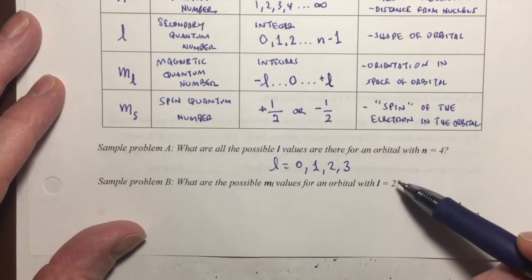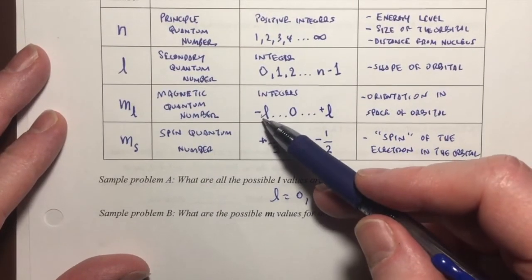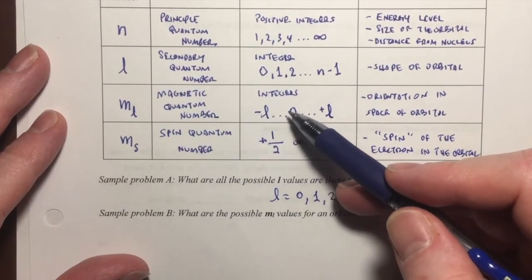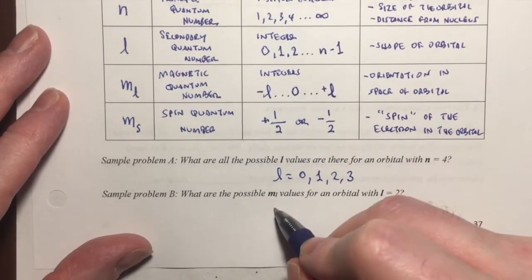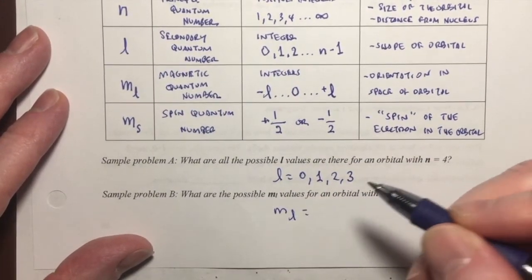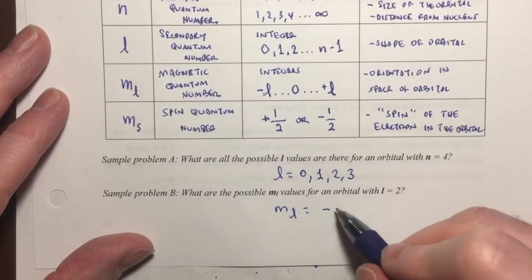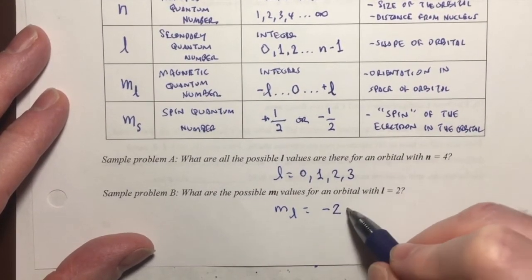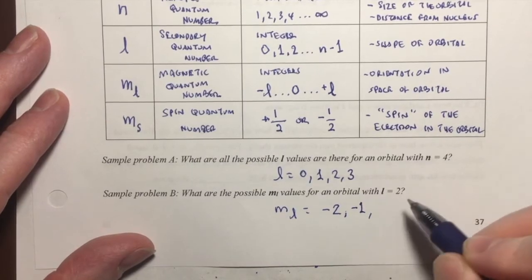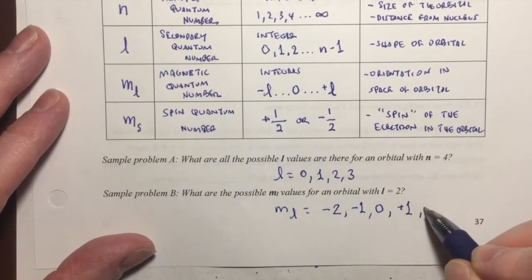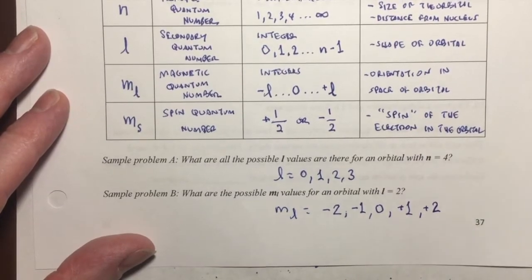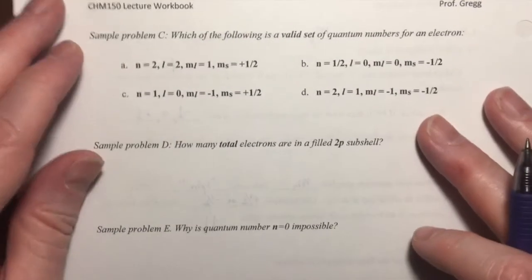So if L is 2, then we go down to -2, -1, 0, plus 1, plus 2, like so. Continuing on the next page.